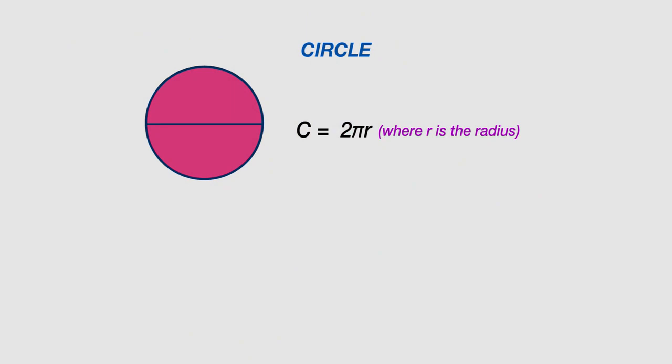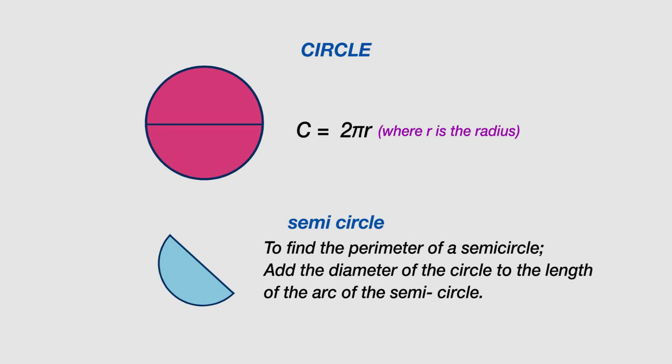And the perimeter of a semicircle will be given by the diameter of the circle plus the semi or half of the circle, or half of the arc length.